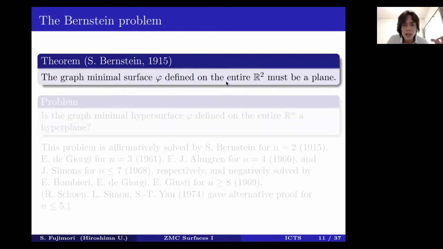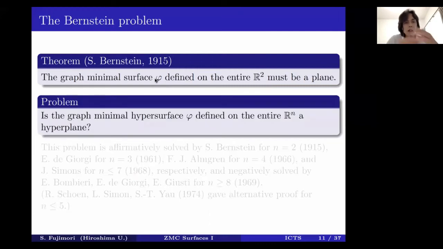So the function phi defined on the entire R2 and satisfying the minimal surface equation must be a linear function. So a generalized version of this theorem is called the Bernstein problem: if it's a graph minimal hypersurface defined on the entire Rn, is it a hyperplane?